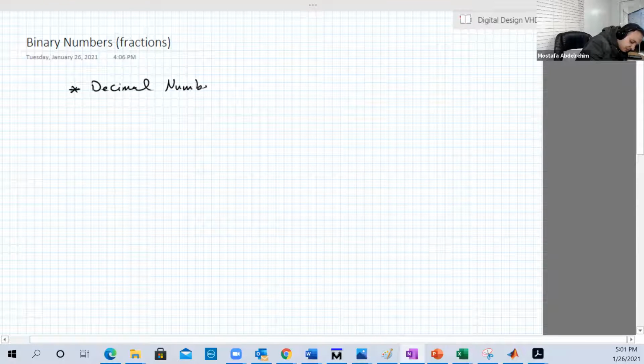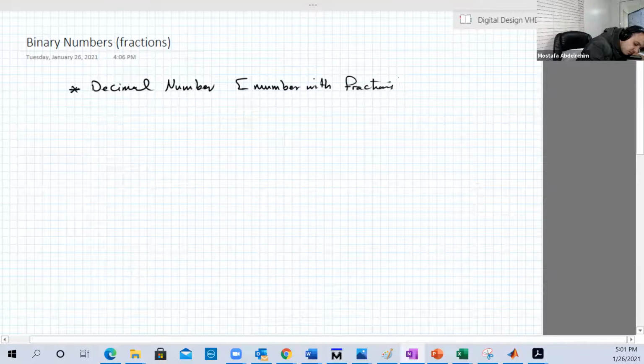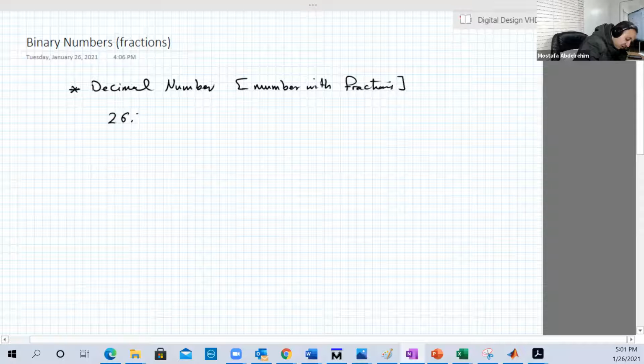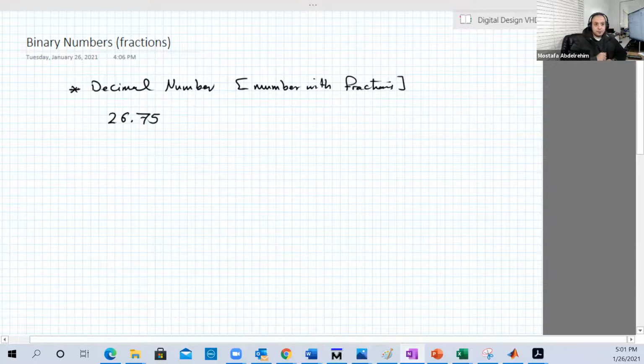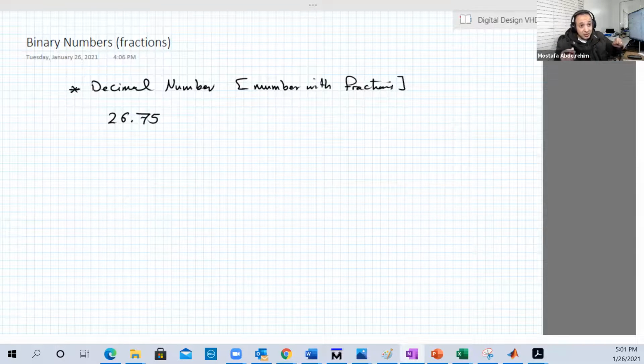So let's start first with decimal numbers, between brackets, numbers with fractions. Let's have an example, for example 26.75. In the first lecture we saw what a number is composed of.